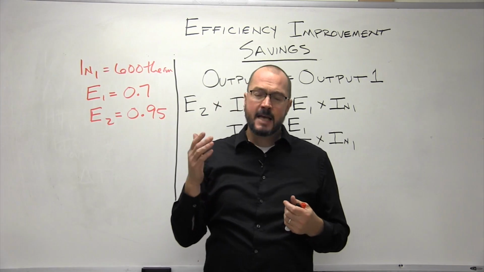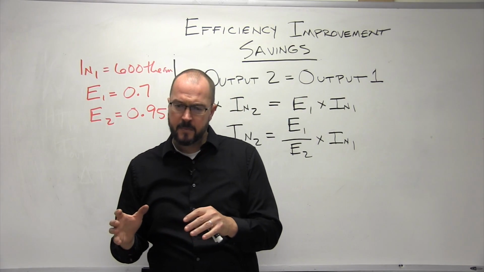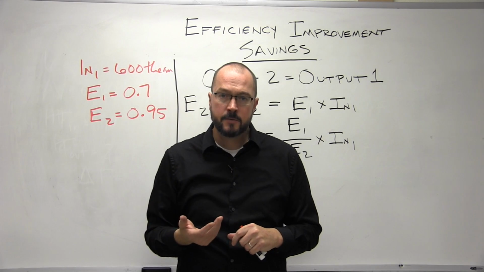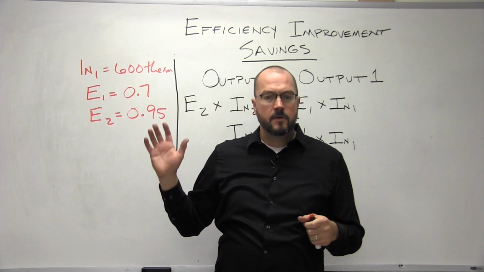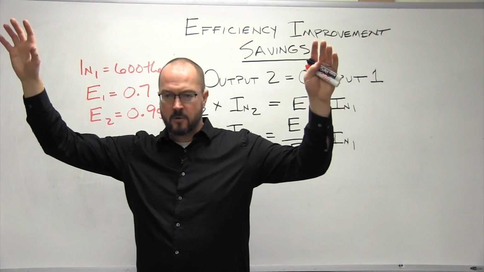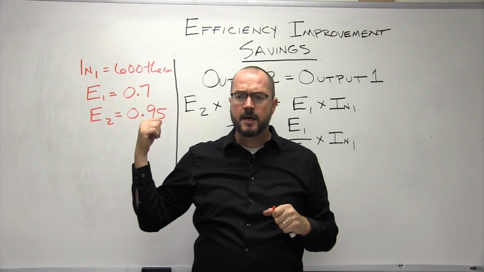But what stays the same from the before case and after case is the output of the furnace, for example. So we're not adding insulation or anything like that in this particular calculation.